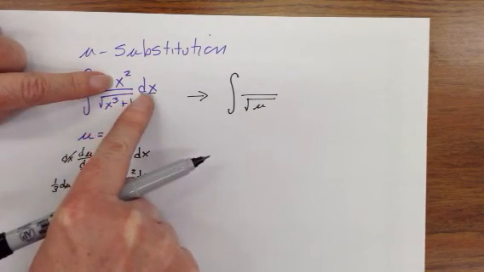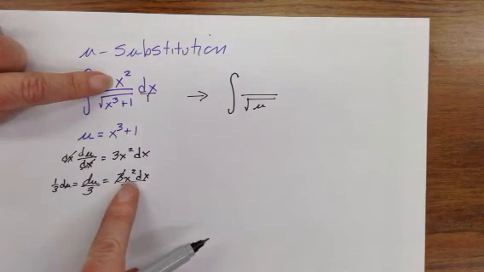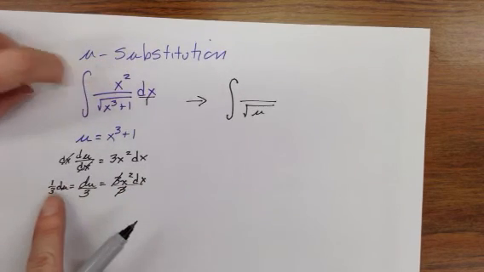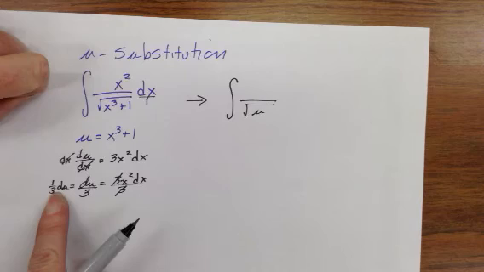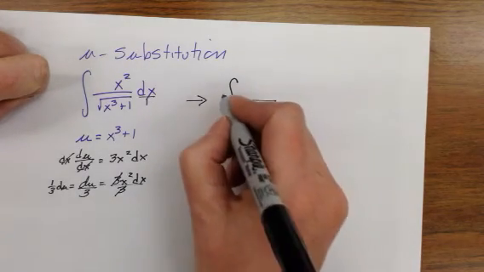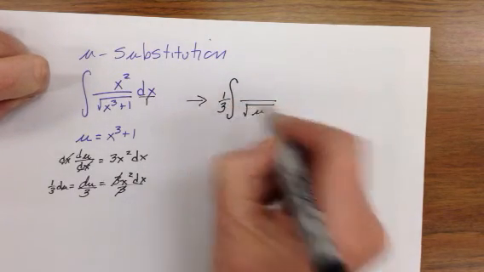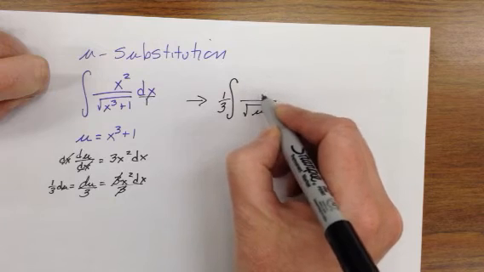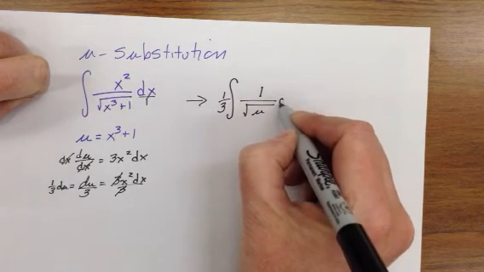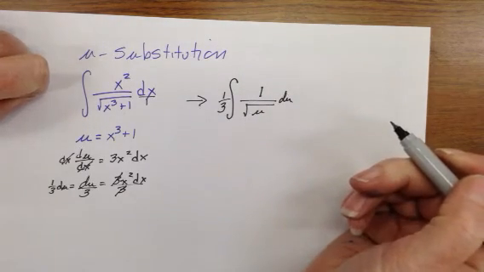The x squared dx I can take all of this out and replace it with 1/3 du. I'm going to skirt the scalar, and instead of putting the du up here, I'm going to write 1 du, just so it looks friendlier.